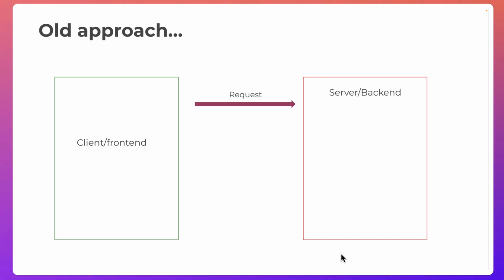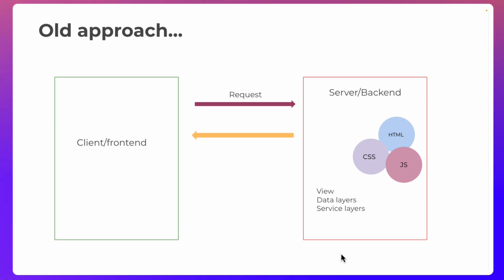When a user requests something, we have the HTML, CSS, and everything. In the back end, we have what we call the views, data layers, and service layers, and all of that great stuff. What happens is that the request sent from the front end by the user is returned by rendering the web page. All of the HTML, CSS, JS is returned as a response.